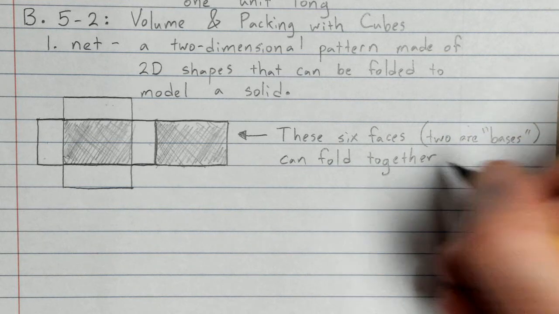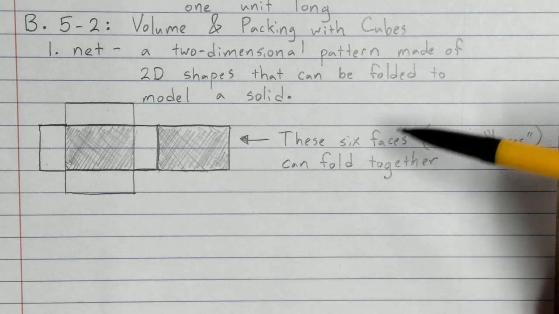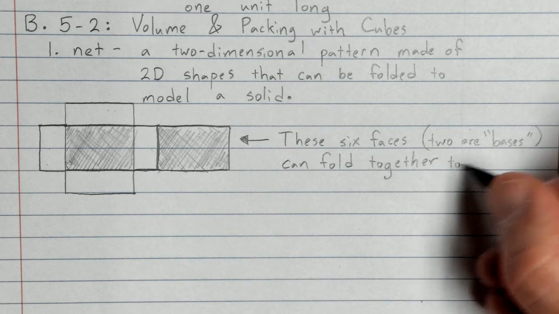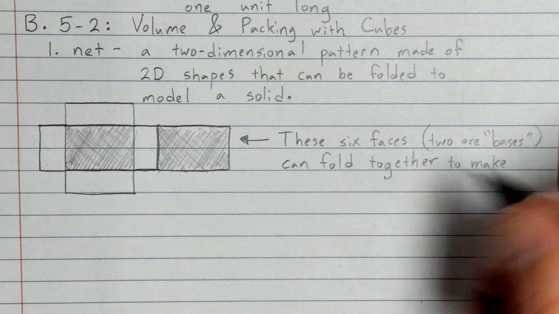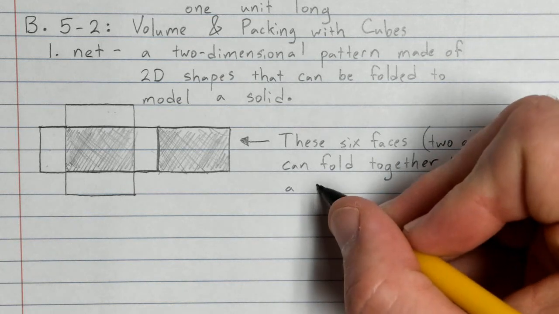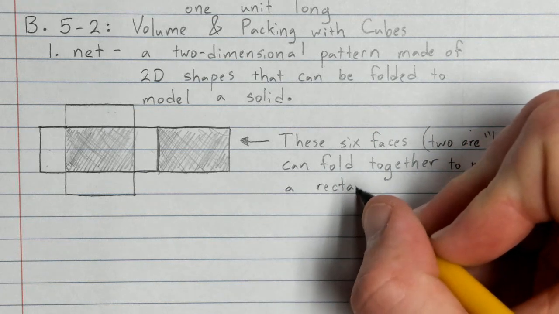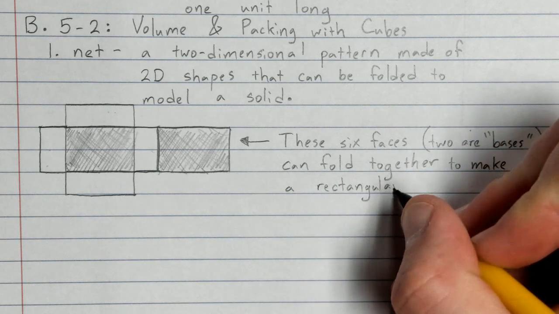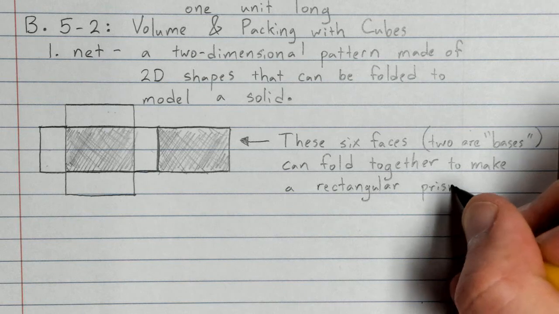Again, we're not going to, but if we were going to cut it out, they would fold together to make a solid, but we're going to be more specific than that, not just any old solid. If I cut this out, it will make a rectangular prism.